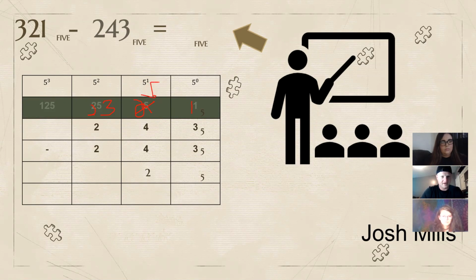Then you're borrowing that 1 from 5, so this one's going to be a 4, and this one's going to be a 6, because you're adding 6 plus 1, and then you're going to minus 3.